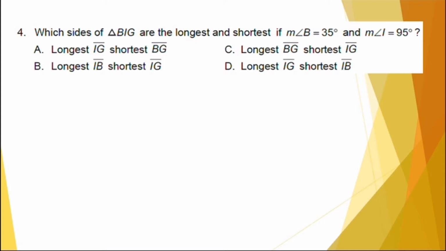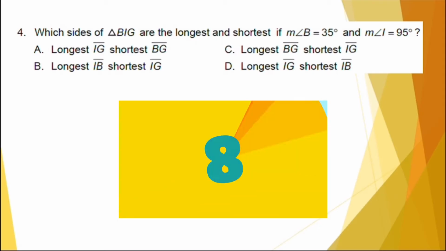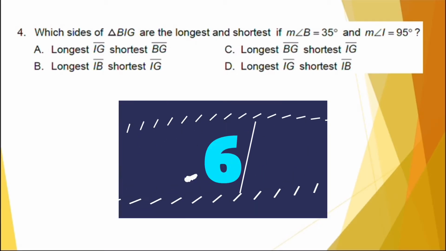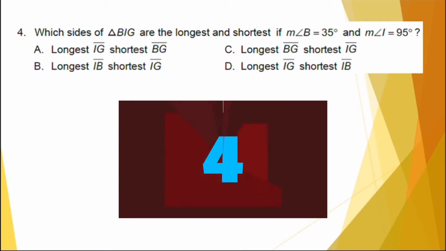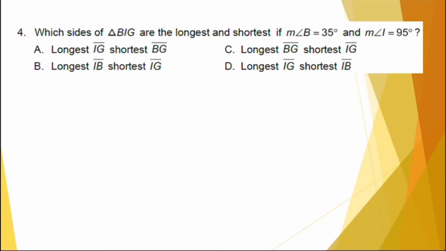C. The longest is line segment BG and the shortest is line segment IG. And D. The longest is line segment IG and the shortest is line segment IB. Time's up. The answer is letter C.